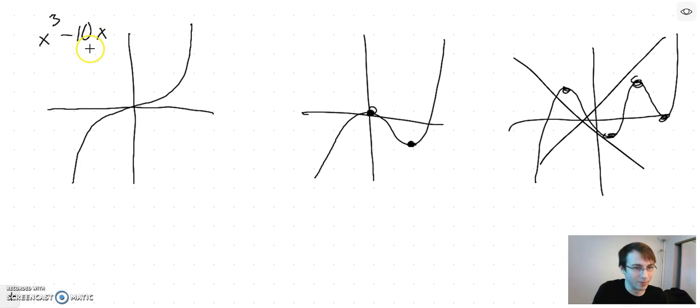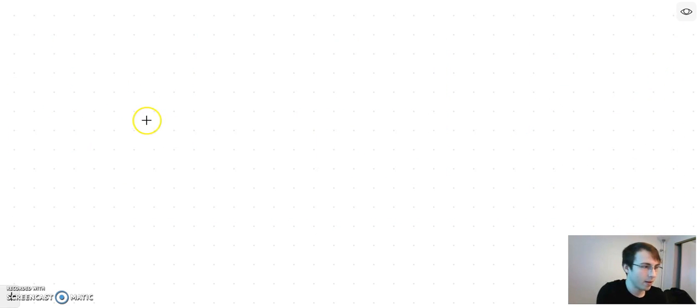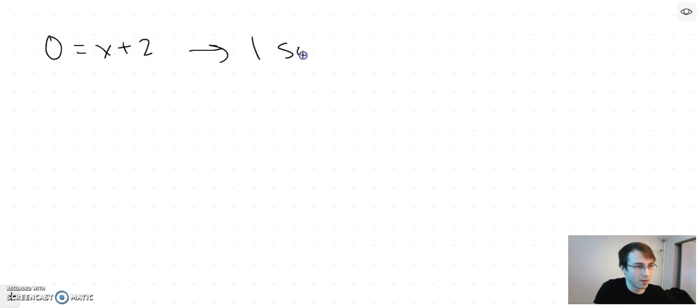So why is that? Well, why don't we start out with getting some ideas of what's going on. If we have something like y equals x plus 2, so even better, if we have 0 equals x plus 2, there's one solution.